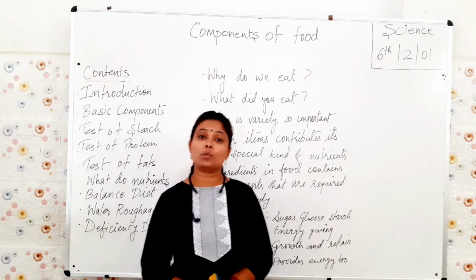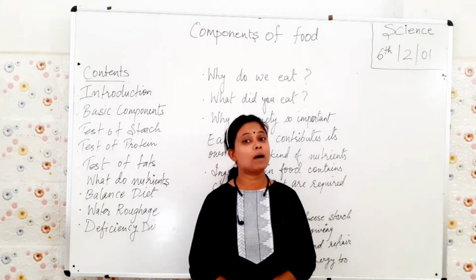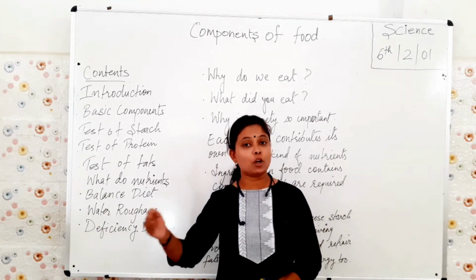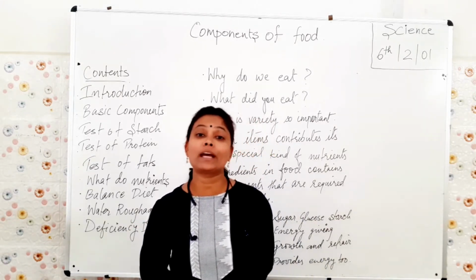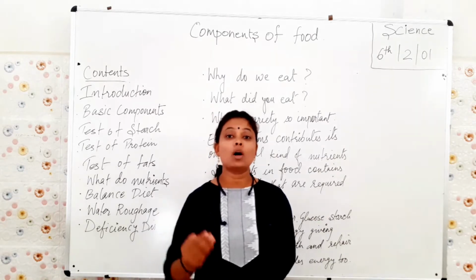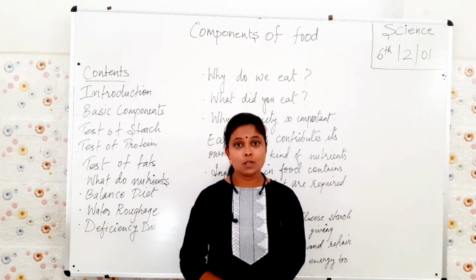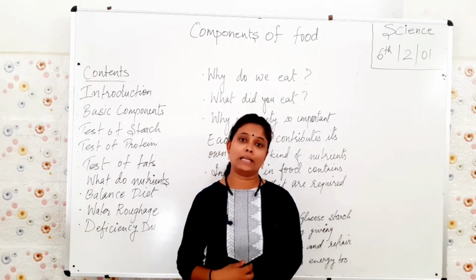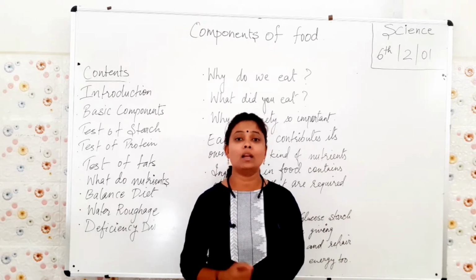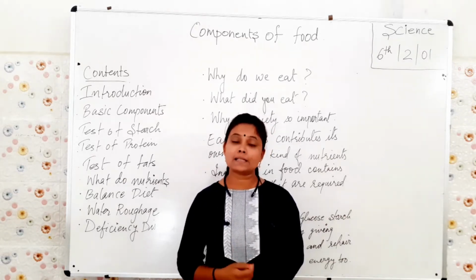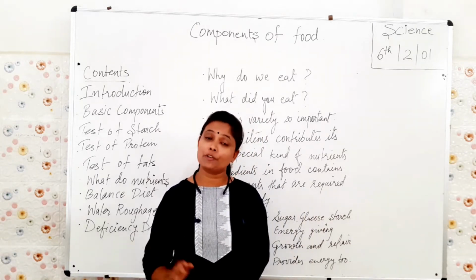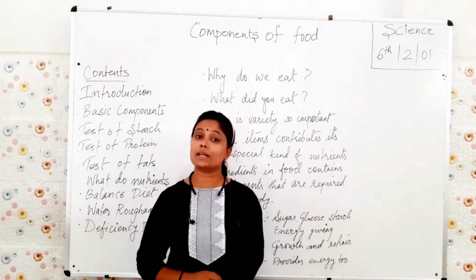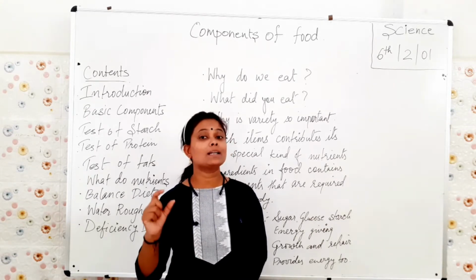In this chapter, we are going to discuss different types of nutrients and how we can test, so that we come to know that a specific vegetable or food has carbohydrate or protein or vitamin, roughage, water, etc. by simple test.